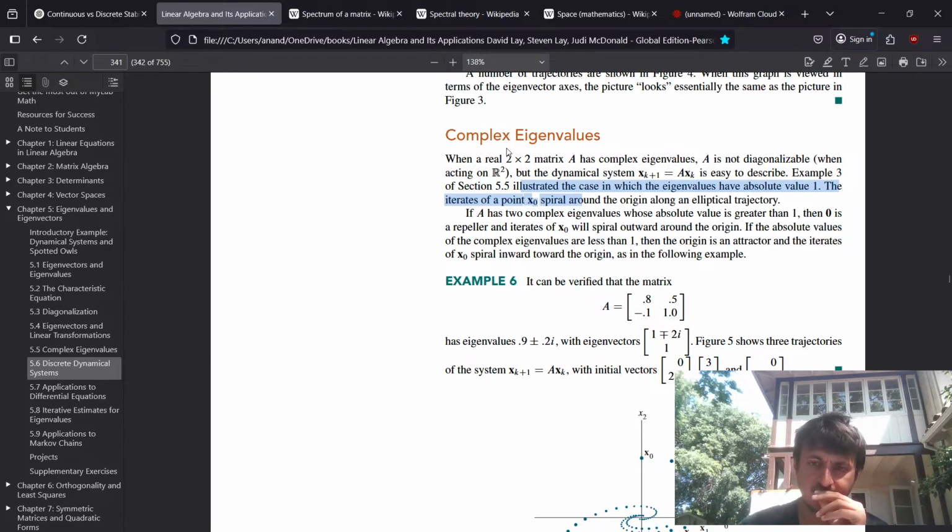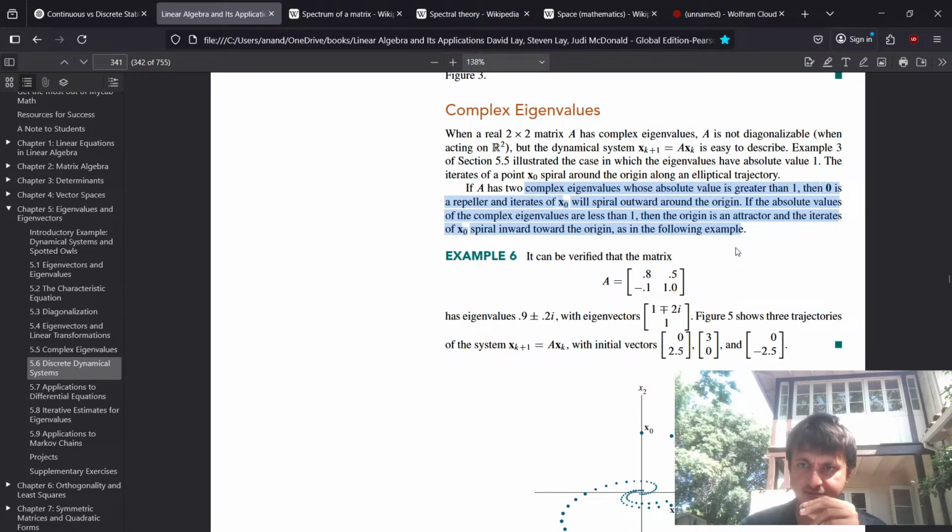If A has two complex eigenvalues whose absolute value is greater than 1, then 0 is a repeller and iterates of x0 will spiral outward around the origin.